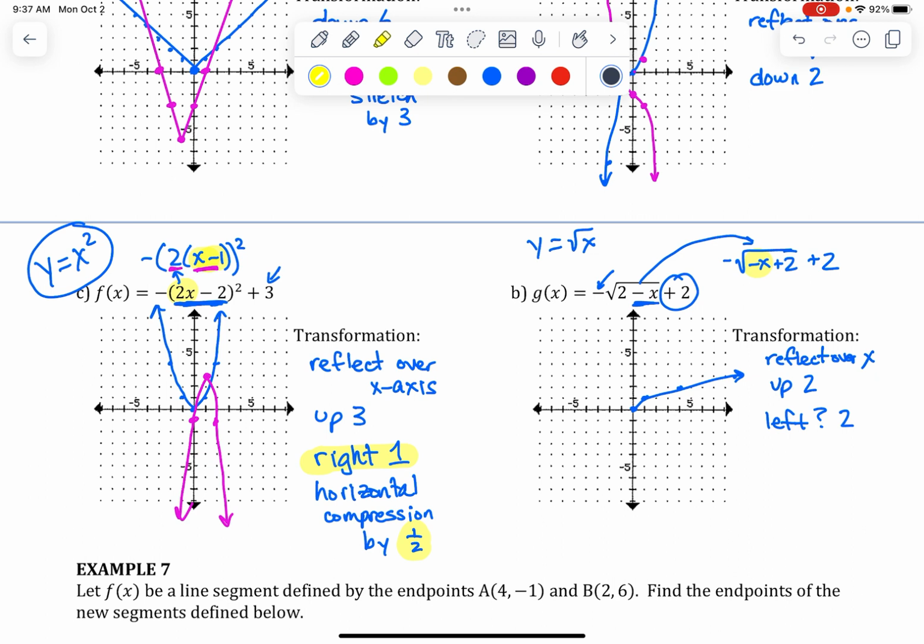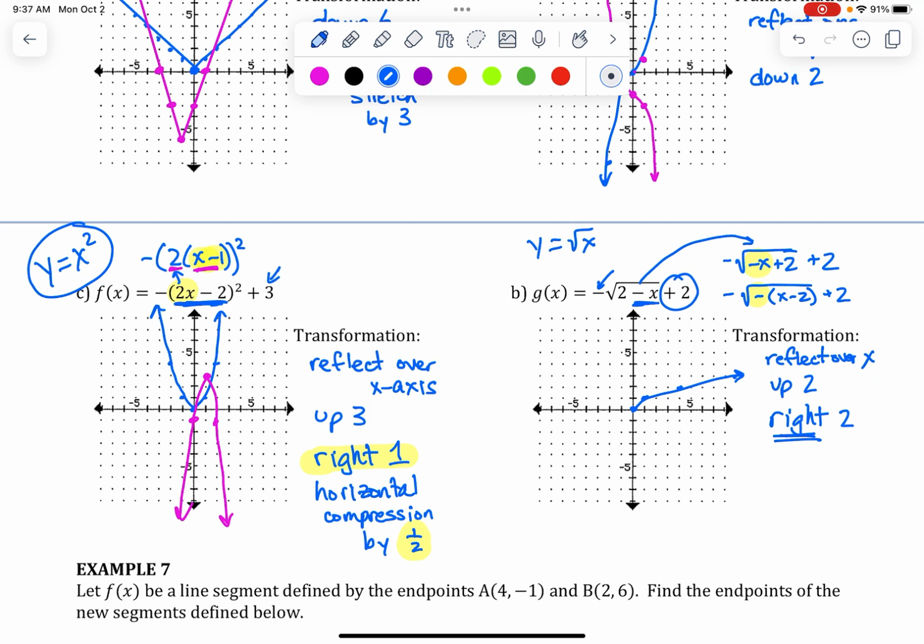Just like we factored a 2 in the last example, we want to technically factor a negative 1 outside. And if you factor out a negative, you'll see that we actually are going to move the graph to the right. All right?